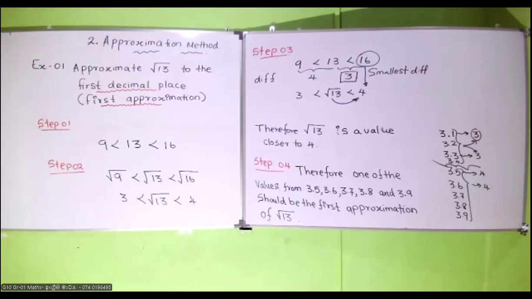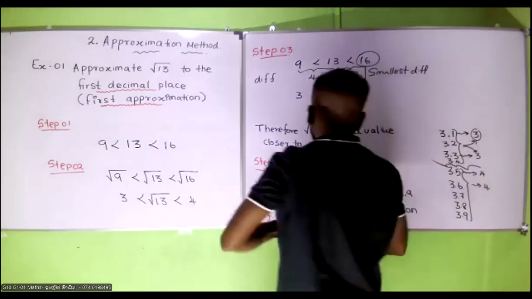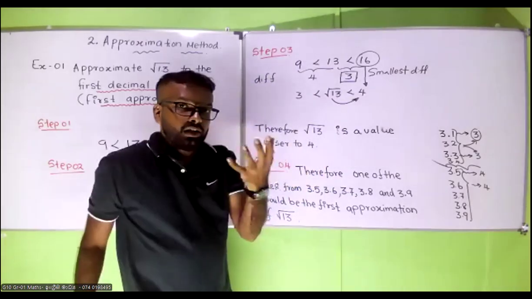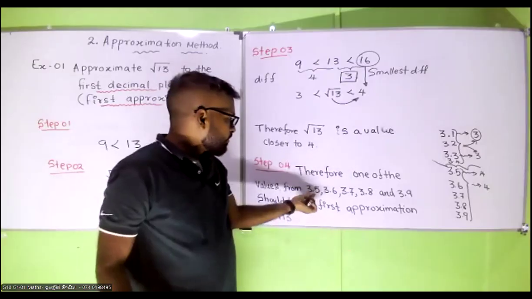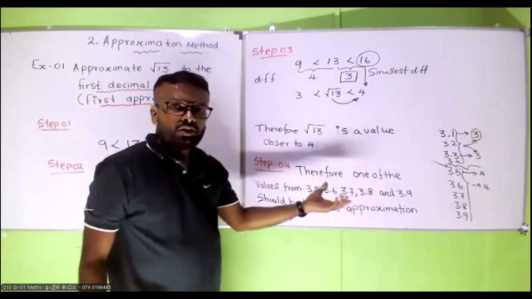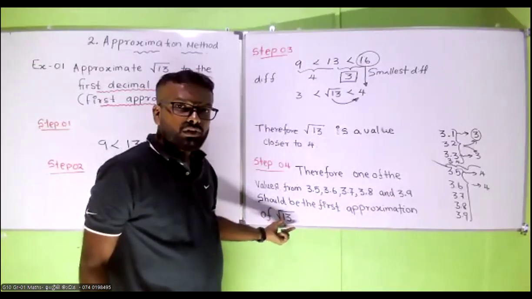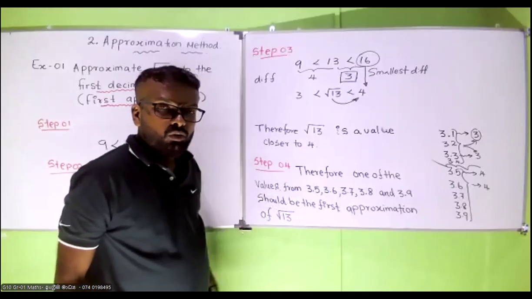Right? Now what are we going to do? If you are going to find the answer for this one, we are going to find which number from these 5 numbers is the closest one to the square root of 13. Forget the square root.